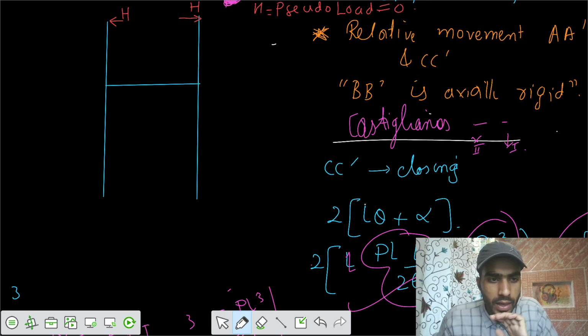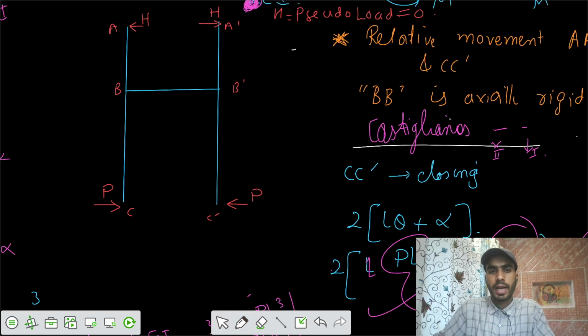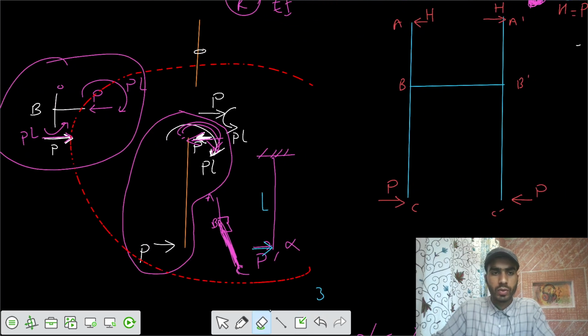And the loads that were present already, we can say that were at the support at the point C and C dash. This is point B and B dash. This is A and A dash. So you have to make the free body diagrams of these. We can show them separately.